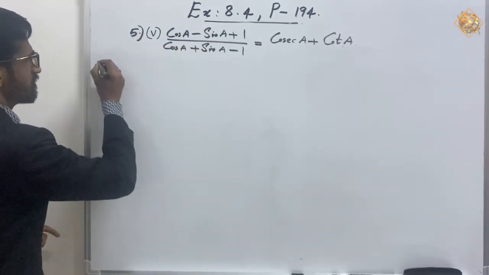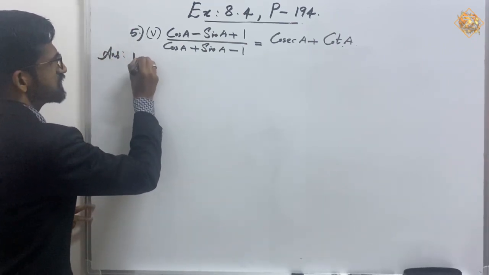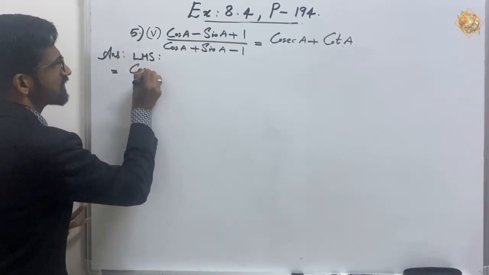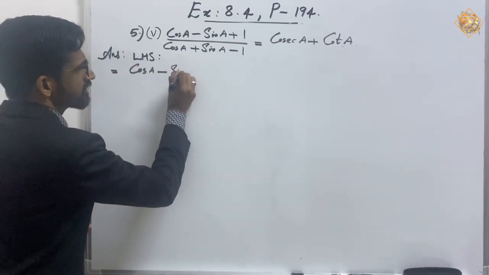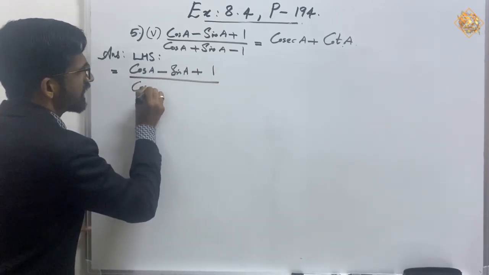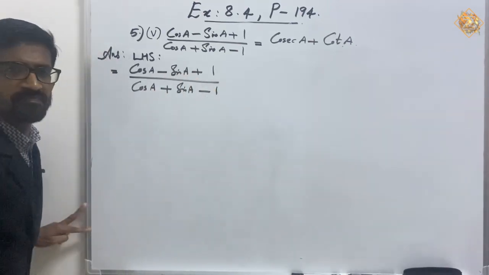So when we solve this starting from the LHS, we have LHS equal to (cos A minus sin A plus 1) by (cos A plus sin A minus 1).